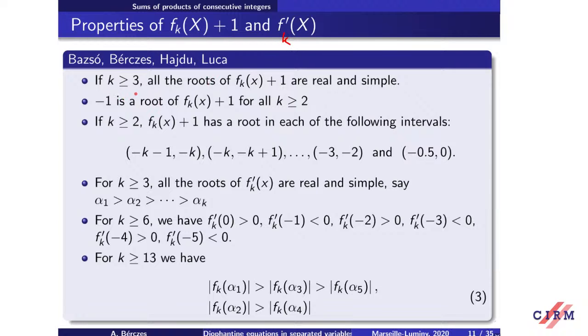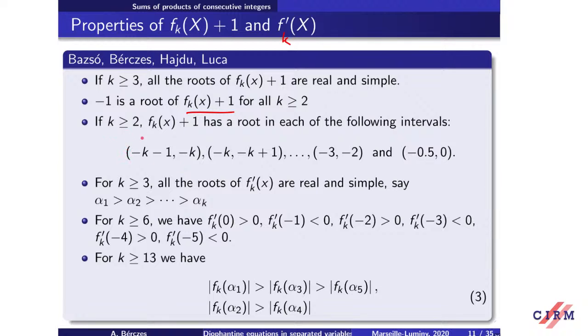So if k is larger or equal to 3, then all the roots of fk of x plus 1 are real and simple. That's one property which we will use later. -1 is always a root of the polynomial fk of x plus 1 for all k larger or equal to 2.